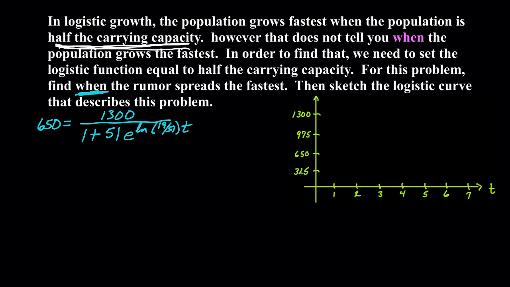And we need to solve for t in this particular equation. So we're going to do like we've done before, multiply the denominator over and divide by 650, giving us 1 plus 51 e to the natural log 19 over 51 t equals 2. And then we're going to subtract 1 and divide by 51.